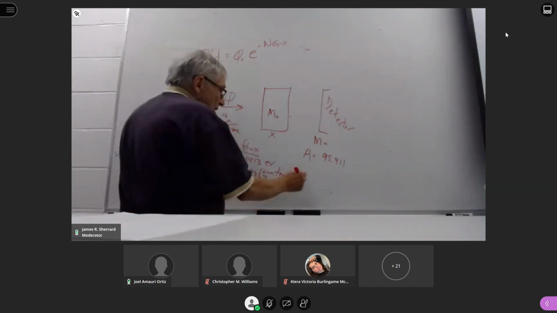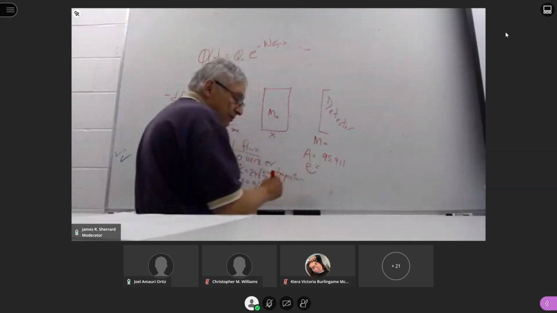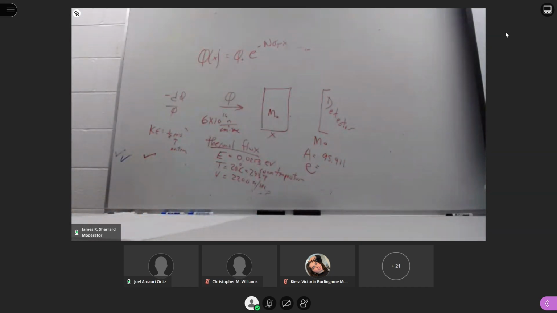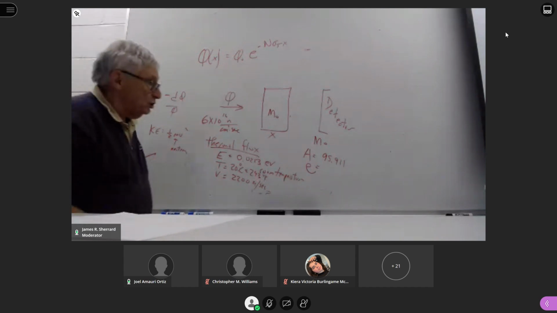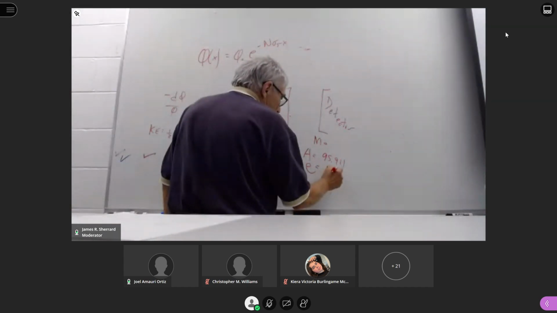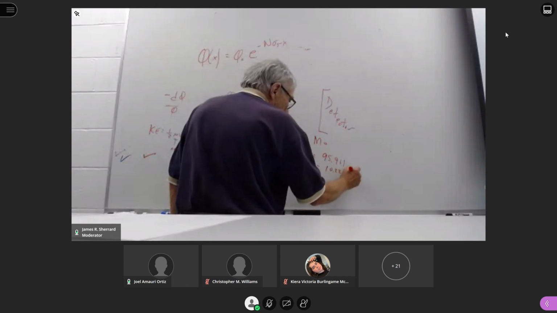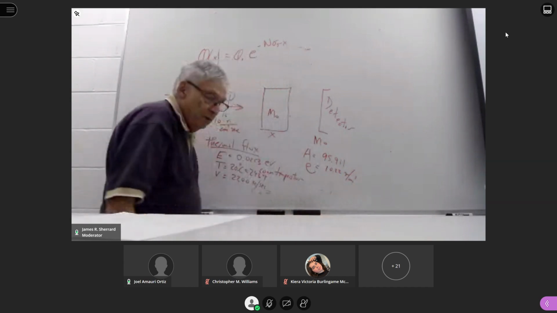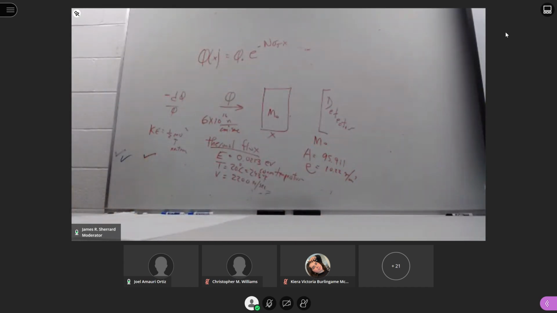It'll tell you that the density is 10.22 grams per cubic centimeter.